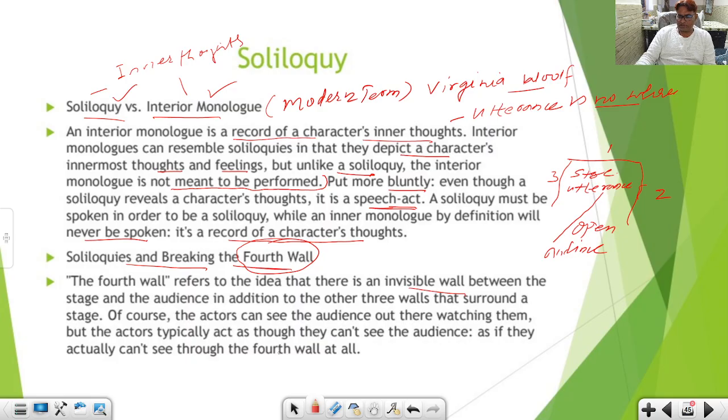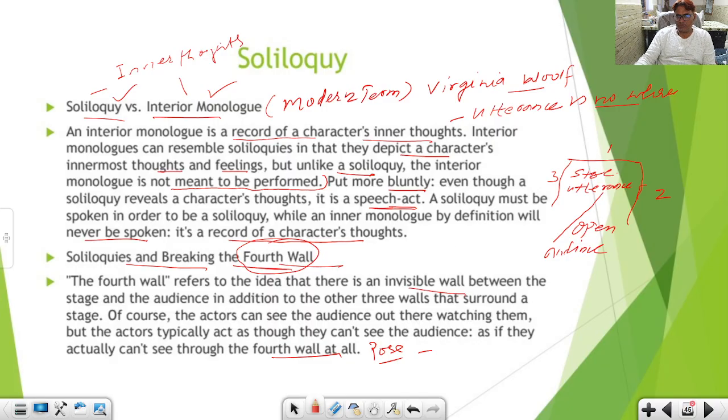The actors just pose as if they are not seeing the audience, but in reality, the audience and actors are face to face, because there is practically no wall, it is only an imaginary wall. Because of this condition, this term is created that soliloquies can break the fourth wall. I think it's clear, very interesting.